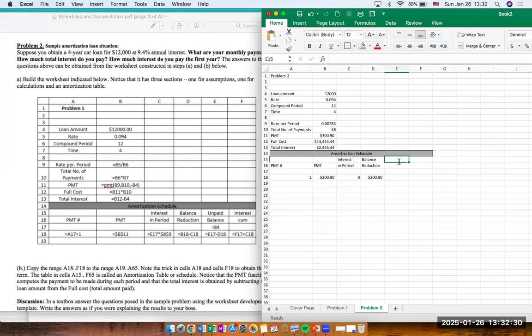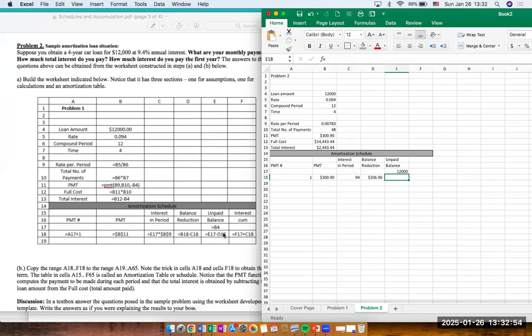Then next we have your unpaid balance. So this is equal to B4 here. You'll notice just by putting that in, that does allow us to change the interest per period or interest in the period, because it is just taking this loan amount and then we're adjusting it with the rate per period.